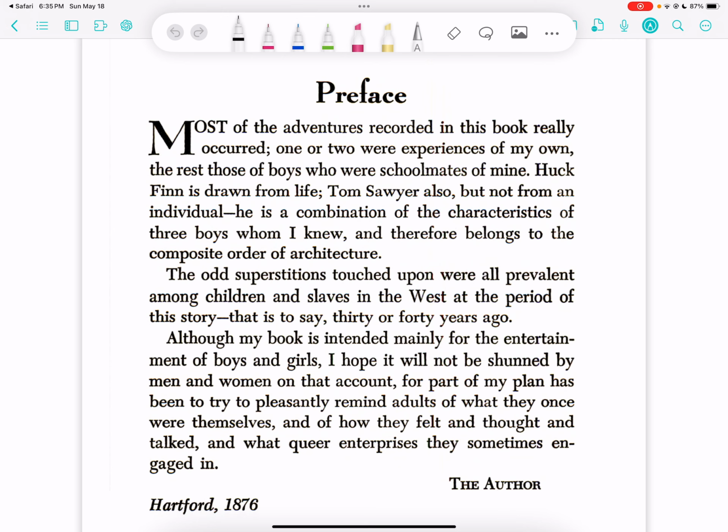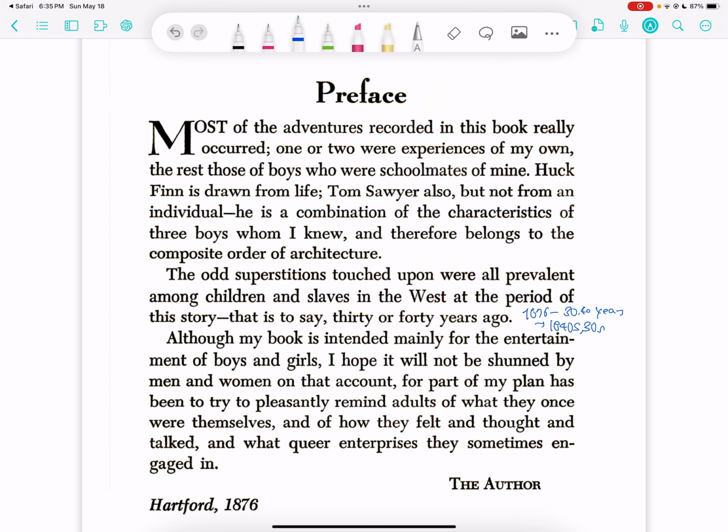The odd superstitions touched upon were all prevalent among children and slaves in the West at the period of the story, that is to say, thirty or forty years ago." So from this, 1876 minus 40 years, we get the 1840s or 30s.